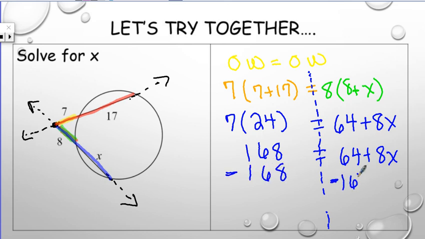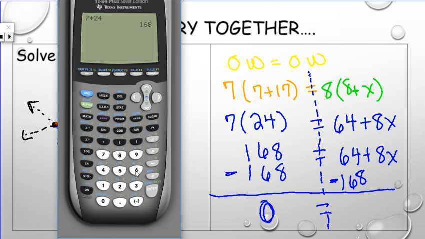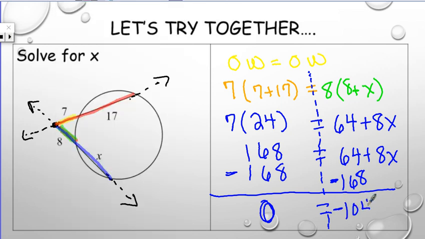So I'm going to minus 168 so we can be consistent. So I get 0 constants on the left side, and that equals 64 minus 168, which is negative 104, plus 8x.